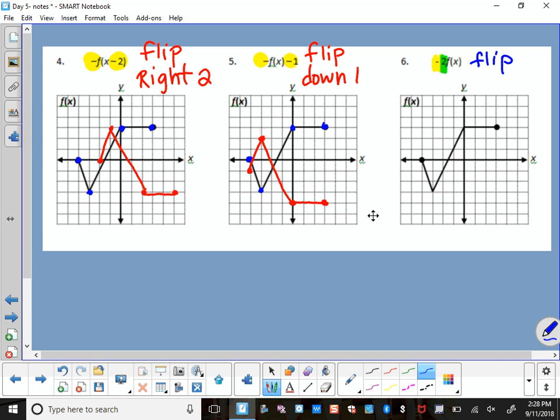We're going to stretch because it is bigger than 1. So we're going to stretch by 2 because that's the number that we have. These get confusing. If you look at -2 as a whole, you're going to think it compresses because it's smaller than 1. But remember, there is not 1. Your negative means to flip, and then you have the positive 2. Don't put them together.